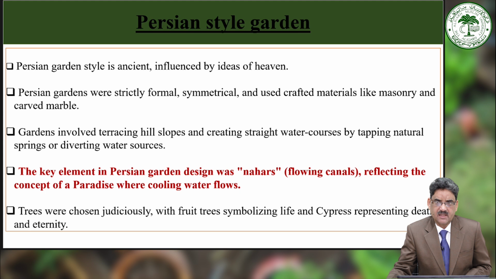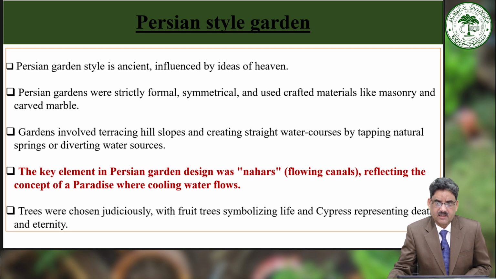Crafted materials like masonry and carved marble were integral to Persian gardens. These gardens incorporated terracing on hill slopes and the creation of straight watercourses by tapping natural springs or redirecting water sources.